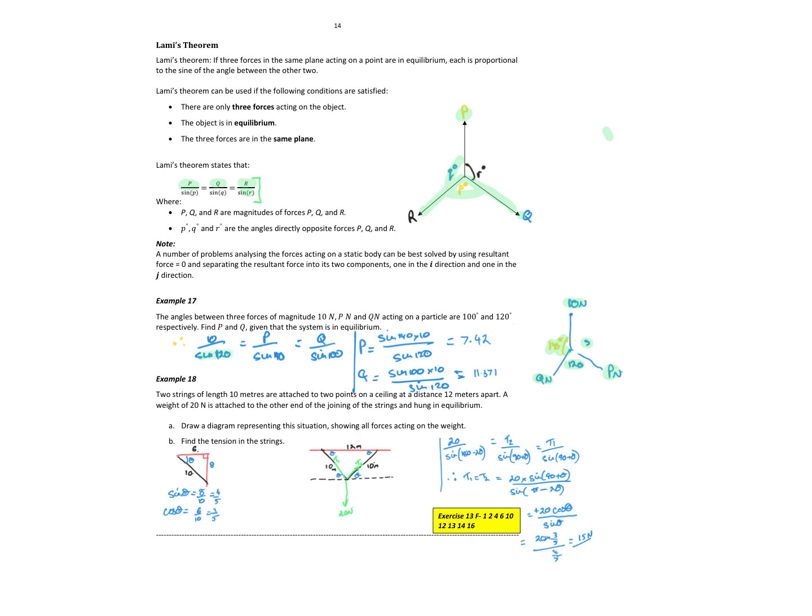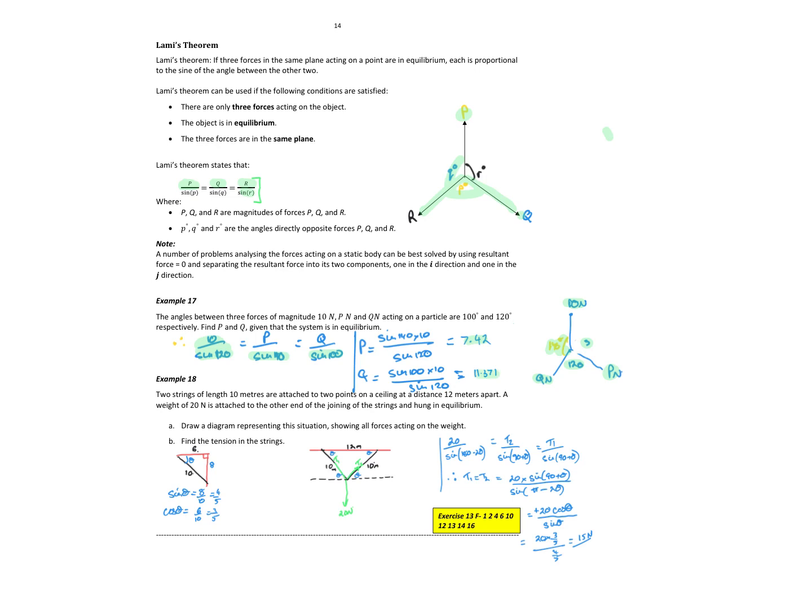So there's a set of equations there that we can just solve. 10 over sin 120 is a complete ratio. So P will be equal to that times sin 140, and Q will be equal to that times sin 100. You can compare those to the answers that we did previously.